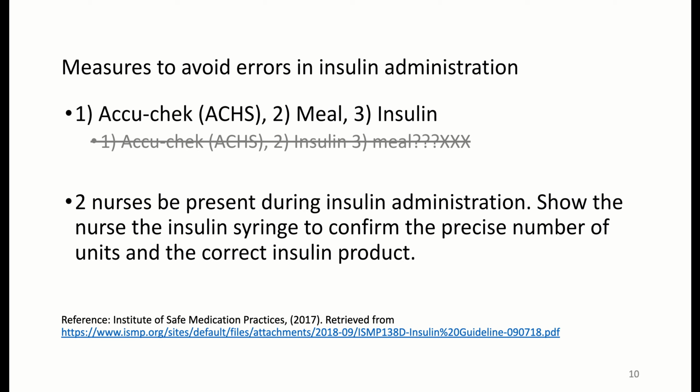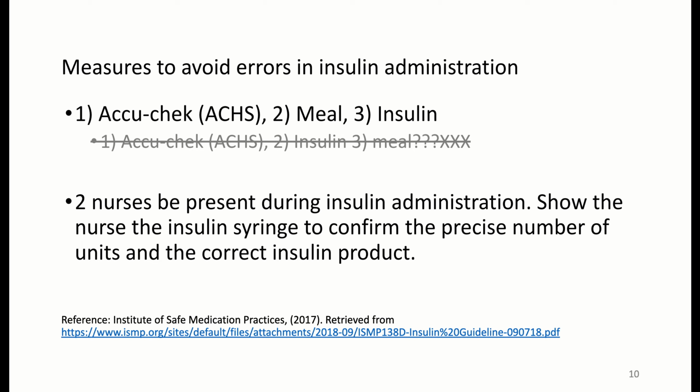Or is it AccuCheck first, insulin second, and meal last? In the hospitals, nurses wait until meal trays are in front of the patient before they administer insulin. So the answer is 1 AccuCheck, 2 meal, and insulin is last.